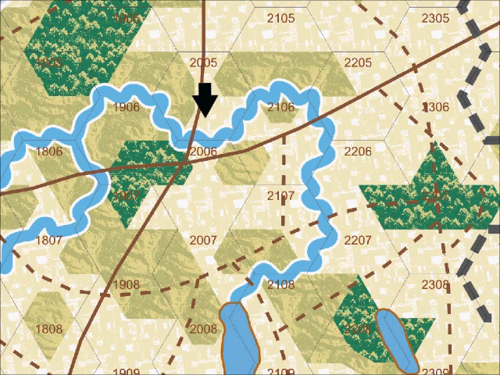Let's look again at the case of an attack solely from hex 2005 into 2006, as shown by the arrow. The defender is going to pick woods as the defensive terrain, it being an option due to being in an adjacent hex side to the hex side that the attack is coming through. In addition, the defender is going to get the benefit of defending against a river crossing.